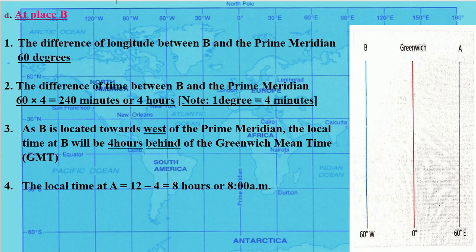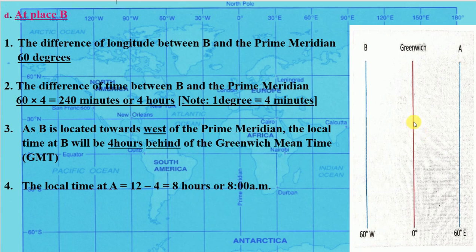Now we have to find the difference of time. We know that 1 degree is covered in 4 minutes, so 60 degrees will be covered in 240 minutes, that is 4 hours. Now we have to see whether the place is towards the east or towards the west of the Greenwich Mean Time.